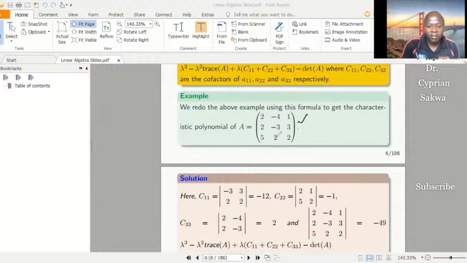You know how to get a determinant of a 3 by 3 matrix. But if you do not know, again, it's 2 times the determinant of the matrix that remains when I delete the row of 2 and the column of 2. So that is negative 3, 3, 2, 2.